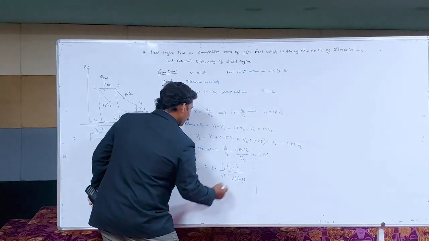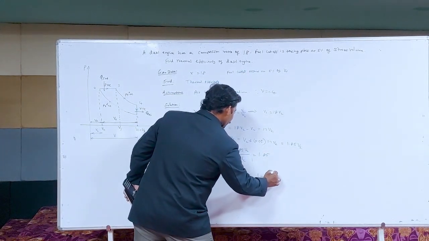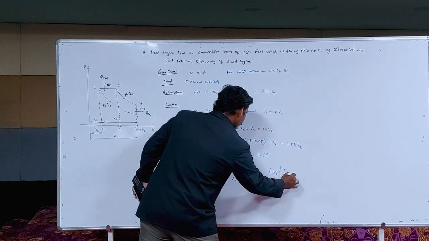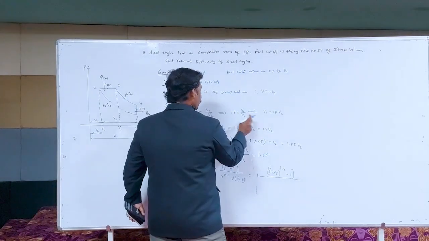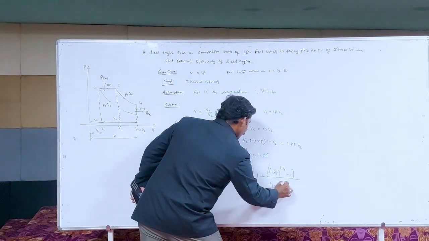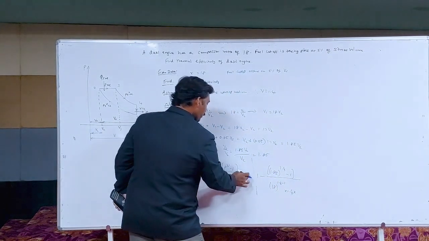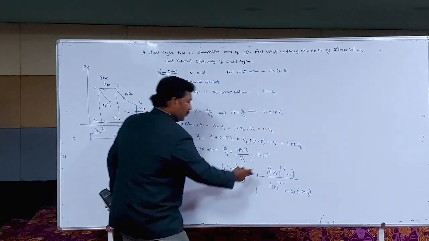So substitute the values we know: 1 minus 1.85 power 1.4 minus 1, divided by r value 18, so 18 power 1.4 minus 1, into 1.4 into rho minus 1, therefore 1.85 minus 1.